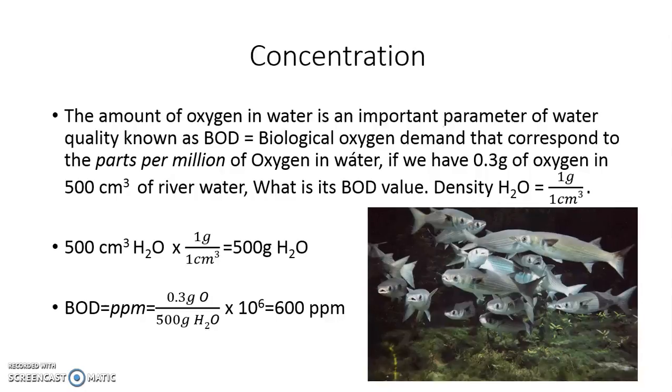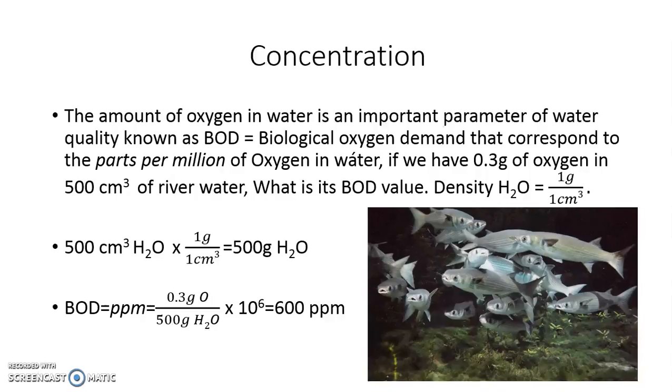So for a river in which some fishes live, we will have a higher amount of oxygen than in water where just algae or protozoa live. In this case, the biological oxygen demand is the same as parts per million of oxygen in water.